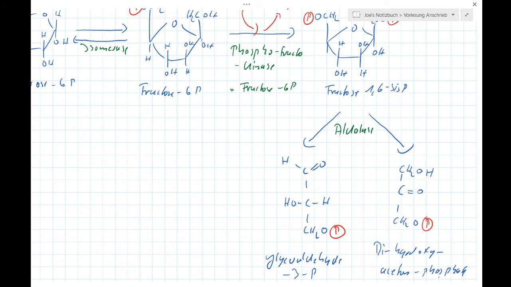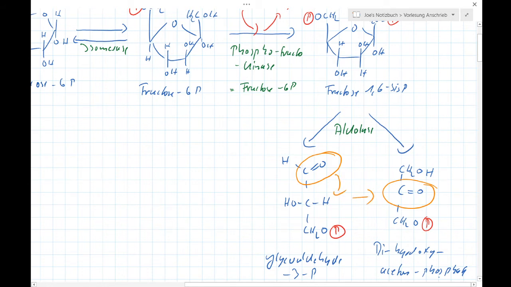The names look complicated, but if you look at the structure formulas, what is happening is very easy. You see that we have here an aldehyde group and here a keto group. The only difference between these two molecules is that if you move this aldehyde group to this position, you will end up in this molecule.